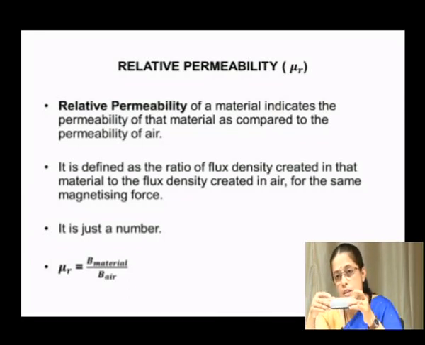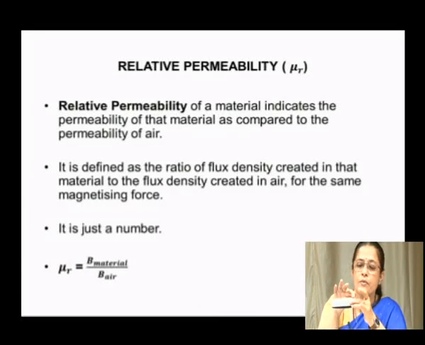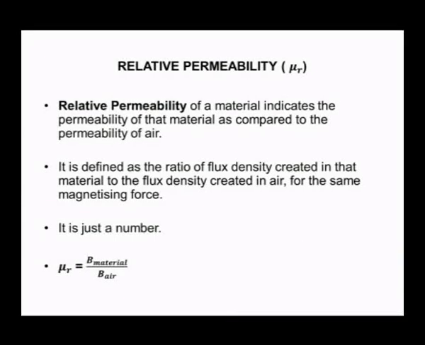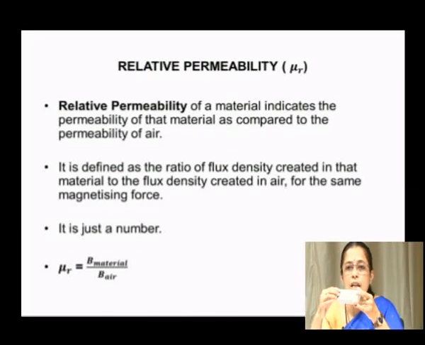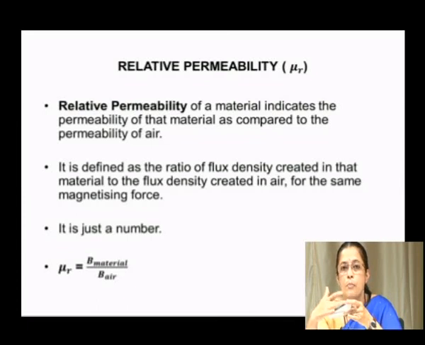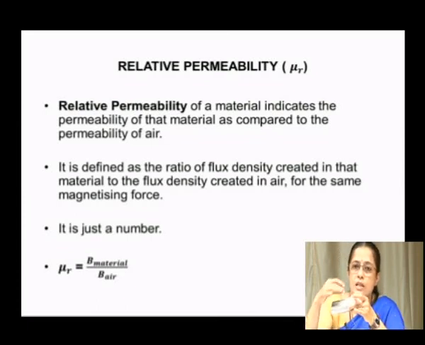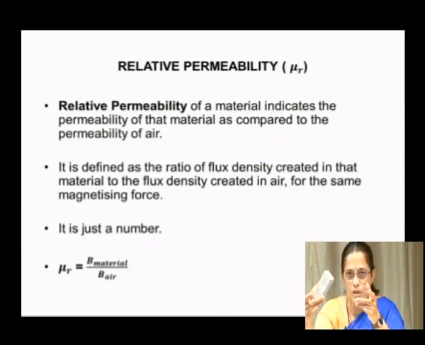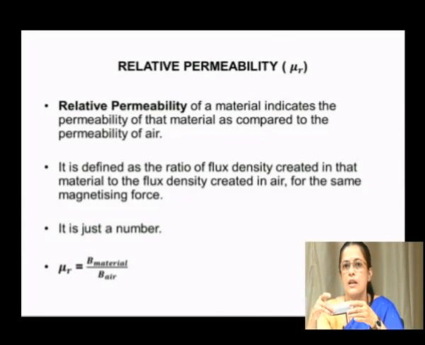Now, what is the flux density? Flux density is flux created per unit area of the material. So, it is the ratio of flux density created in that material, whichever material you are going to consider, to the flux density created in air for the same magnetizing force.